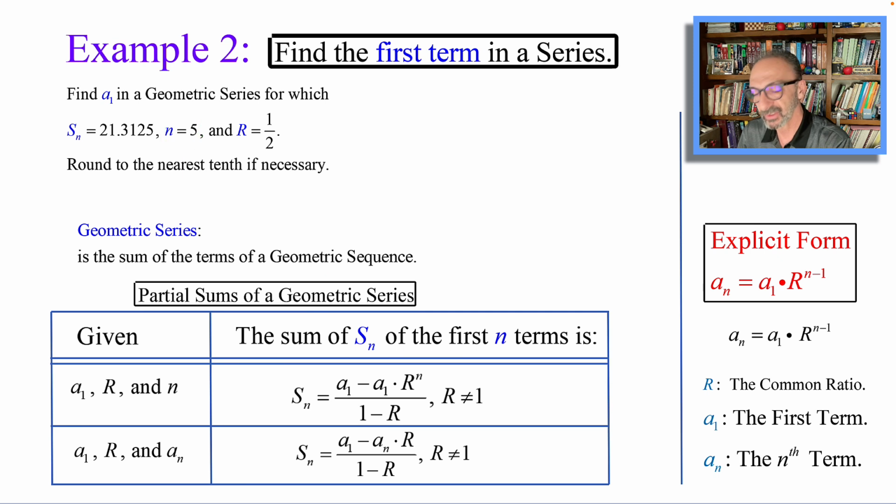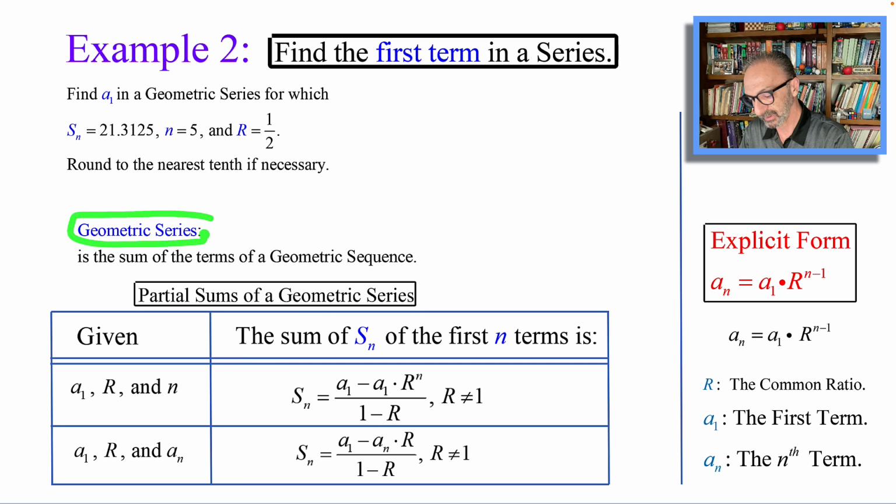We're summing 5 terms, so this n in this case is 5, and we are given the common ratio 1/2, and we need to round if we need to the nearest tenth. This is the general form, the nth term, and that's how it looks like, where R is the common ratio. That's the first term, A sub 1, and that's the nth term.